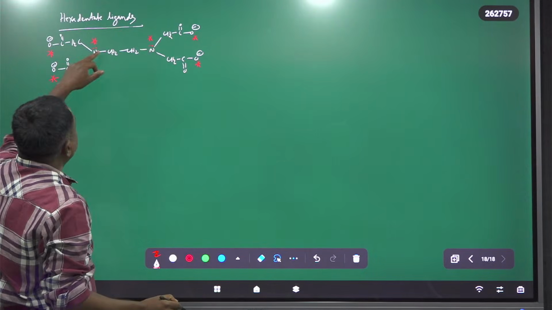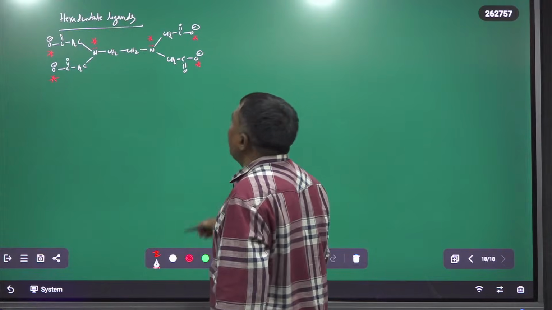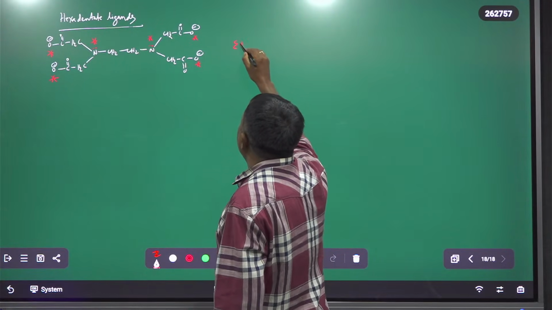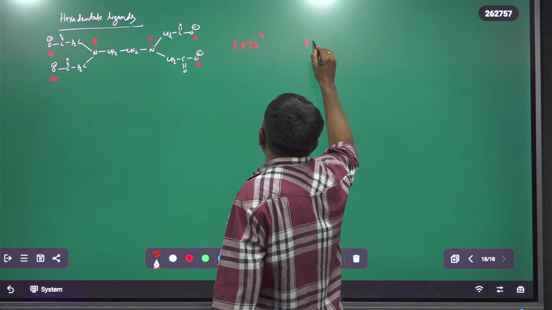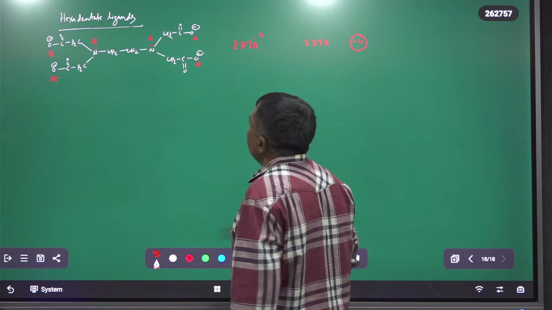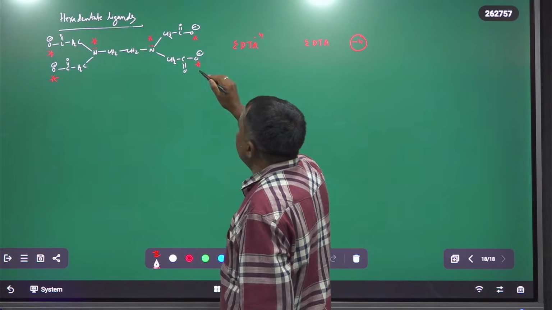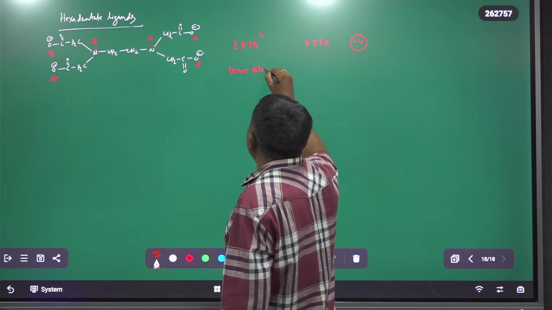So, 1, 2, 3, 4, 5, 6. Therefore, this is EDTA minus 4, and the abbreviation used in the complex is EDTA. The charge is minus 4. What are the donor atoms in this case?